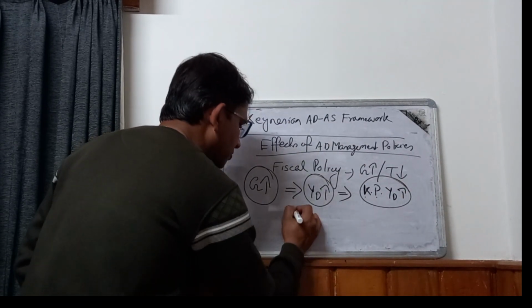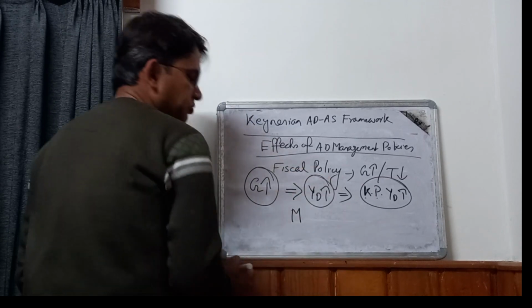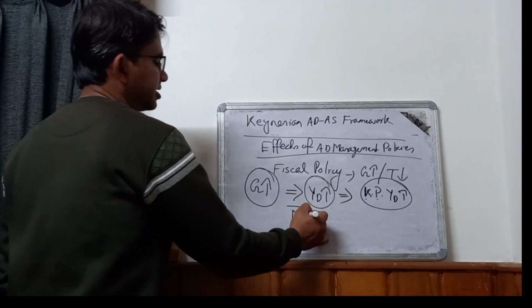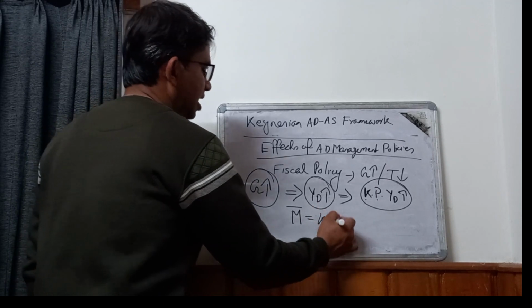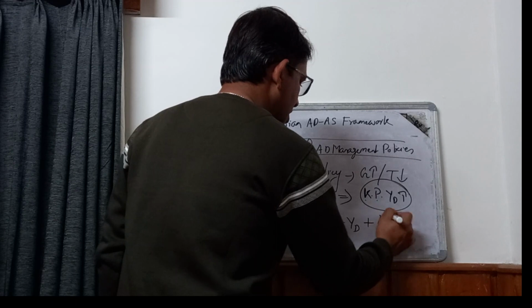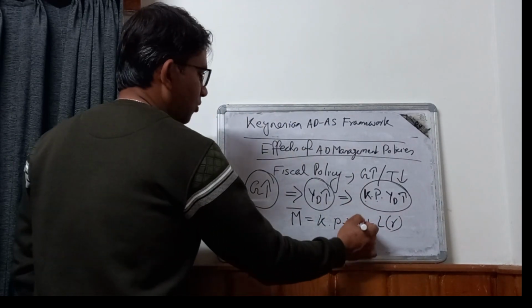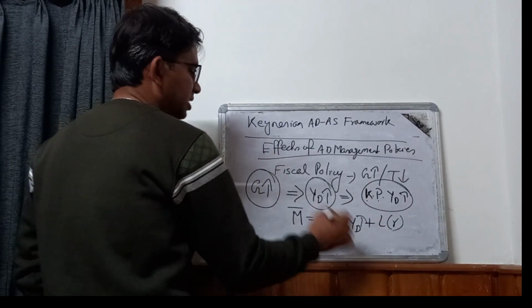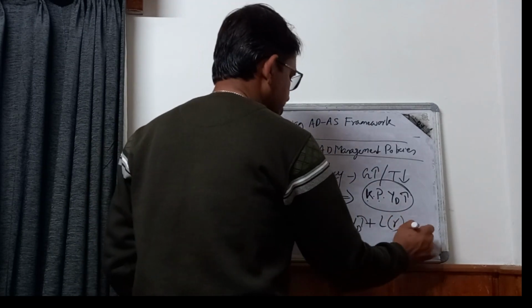If we start from an equilibrium in the money market, whenever YD rises, given the money supply, an excess demand situation in the money market will be created.